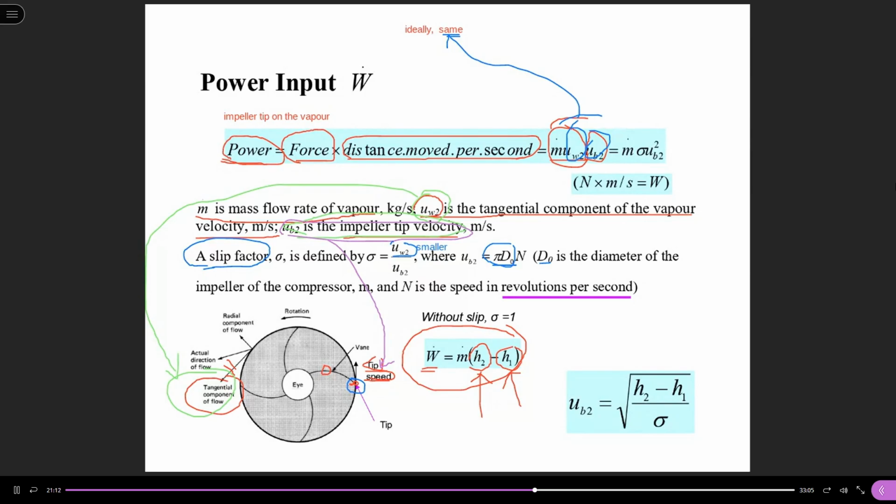This is the moving distance, per cycle or per revolution.